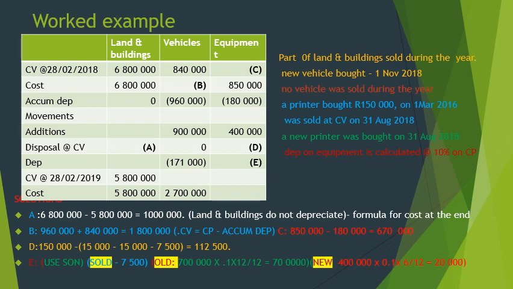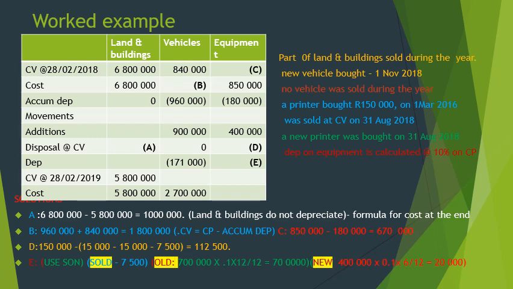Then a new vehicle was bought on 1 November 2018. We need to understand those dates because we talk of new, we need to know how many months the asset was in our business. Our financial year ends on 28 February 2019.